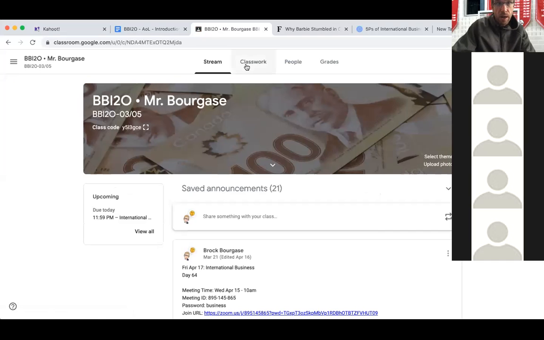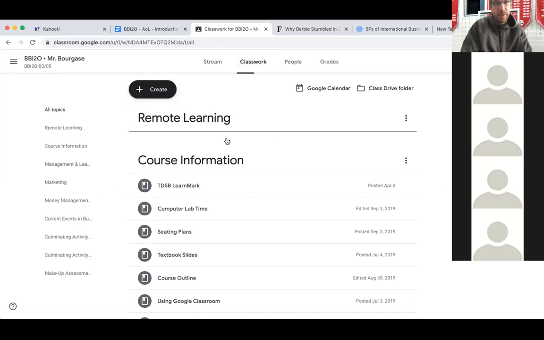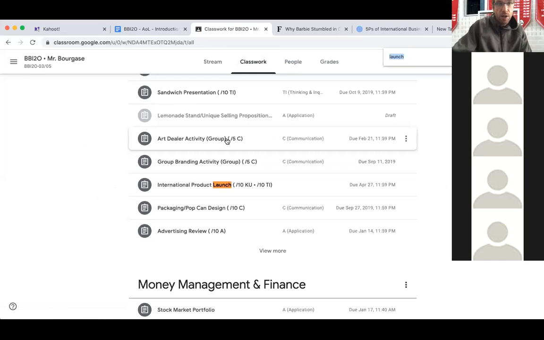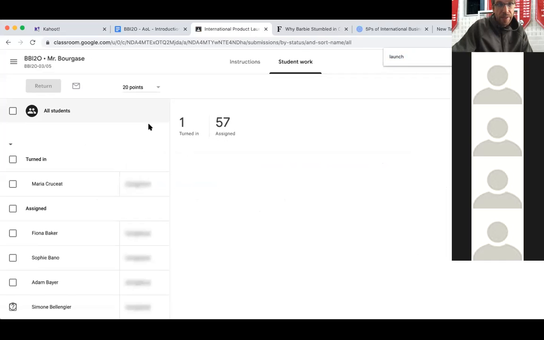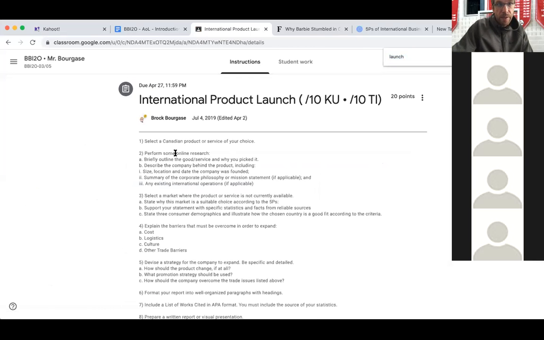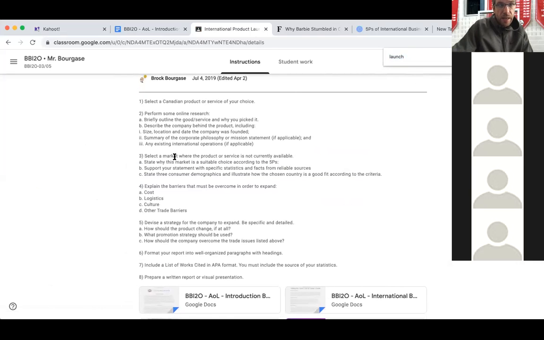I'm going to go to our classwork tab at the top. I'm just going to Control F for the word launch. It's called International Product Launch, and just to view the assignment there. So here's the idea: if you would like to work on your mark and you would like a preview of what is going to happen in BBB4M, the International Business Grade 12 e-learning course, you select a Canadian product or service of your choice and try to pick a market where it would succeed.